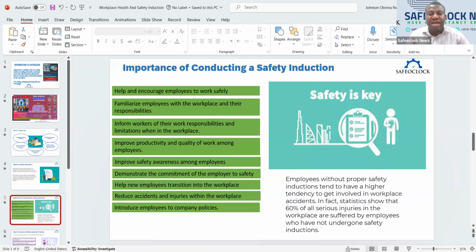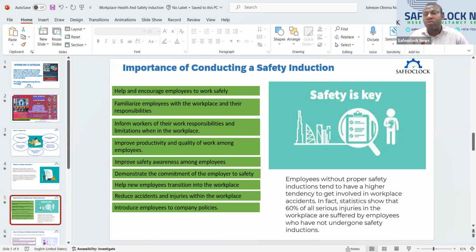Another importance is that it improves productivity. How does it improve productivity? Where accident incidents are reduced, people will work safely. Where people are encouraged, where the morale is very high, people will work safely and productivity will be high. So skipping health and safety induction will not get you the productivity that you need.